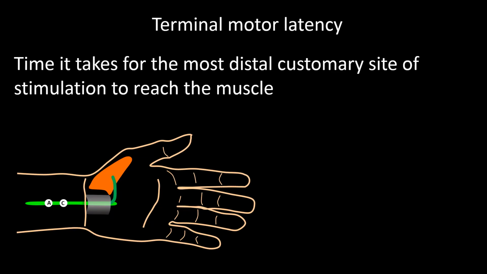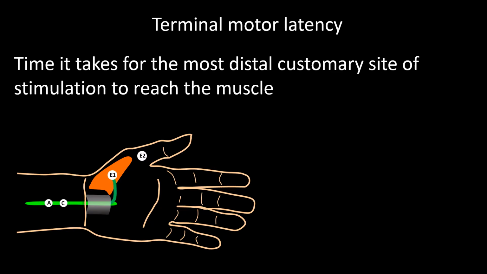Most neurologists I have worked with use the term terminal or distal motor latency to imply the latency following a stimulation with the cathode above the wrist when it comes to median nerve testing, recording from the motor point of the abductor pollicis brevis. That is, when the stimulation is, as you can see in this frame, with the cathode above the wrist and the recording electrode on the abductor pollicis brevis.